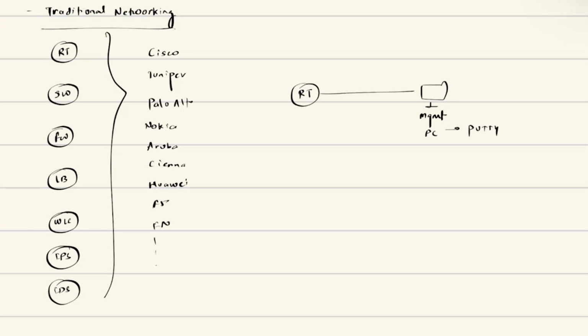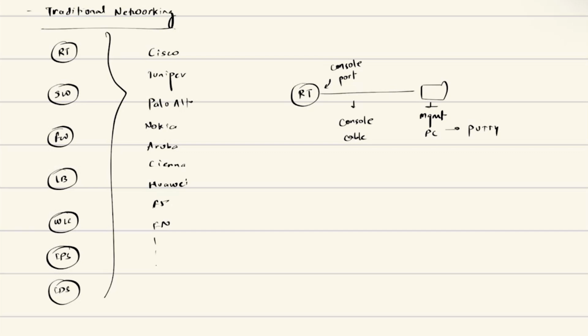On the console port, you would use a console cable as a medium, and you would connect with that particular device and send the CLI commands to the device. And the device will be configured and start behaving in the way you want.